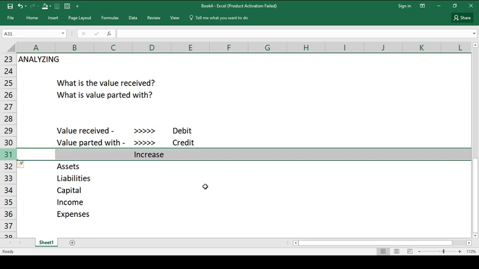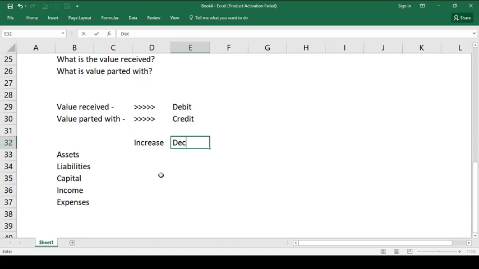If there is an increase in asset, that is a value received, that is debit. Kasi habang nadadagdagan yung asset, ibig sabihin we are receiving particular items or things. So that is debit. Habang naman nababawasan yung asset, pinapalabas po natin yung assets. So that is a credit.